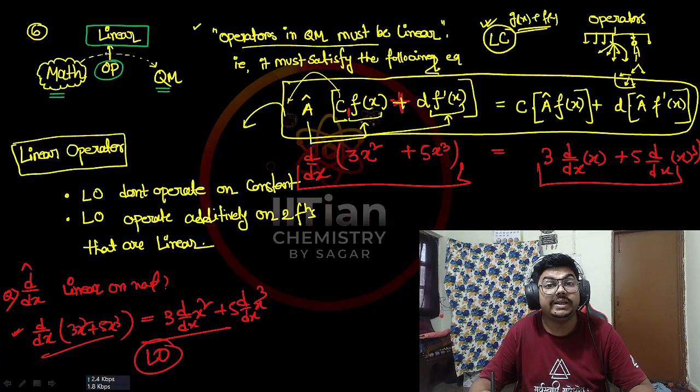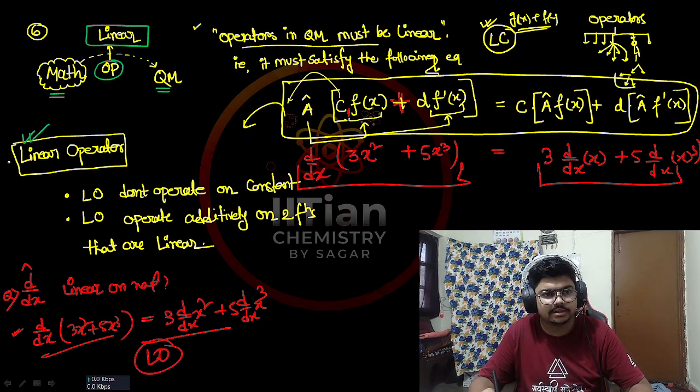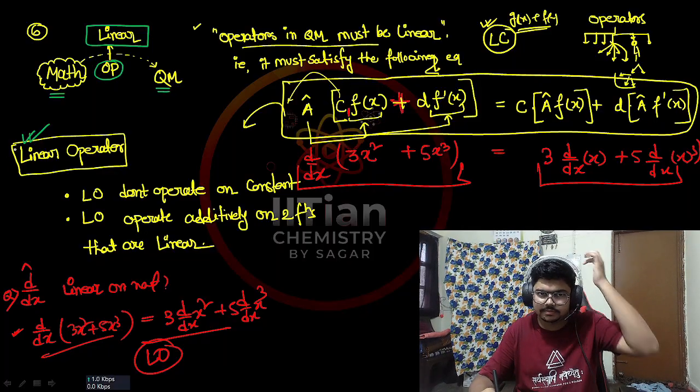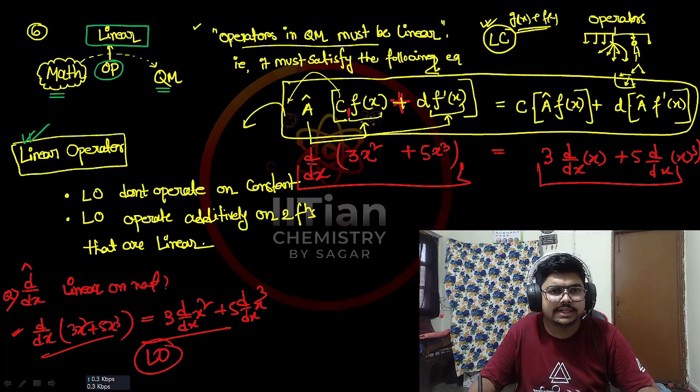That means in quantum mechanics, only linear operators matter. So the statement is, operators in quantum mechanics must be linear.